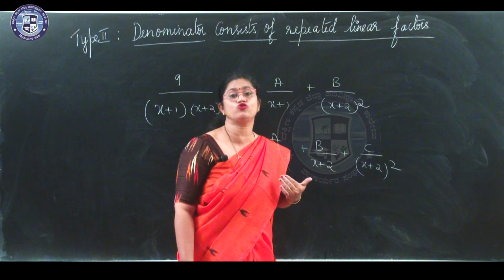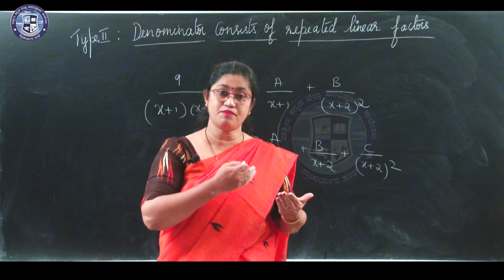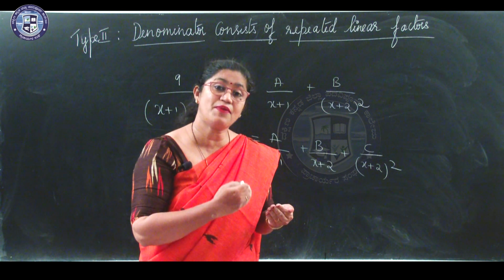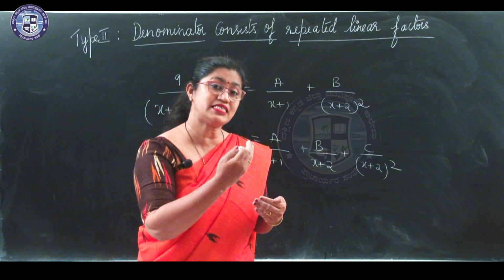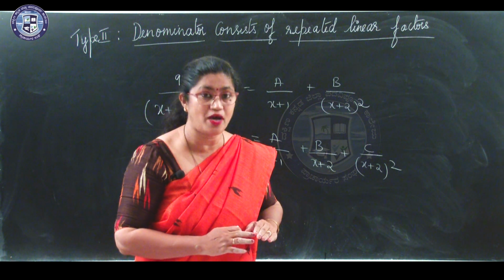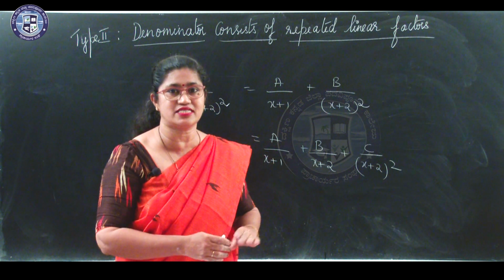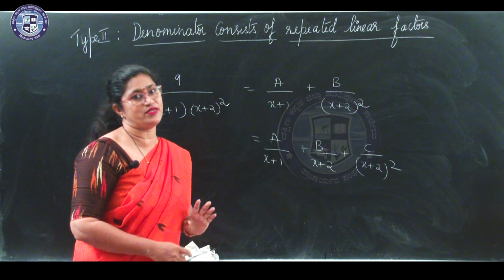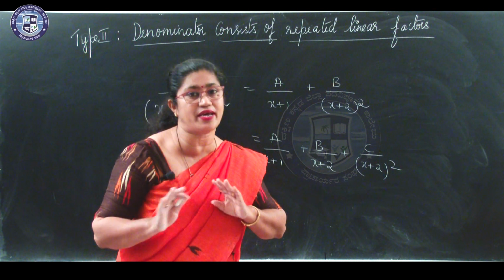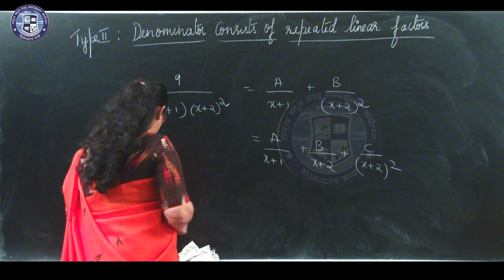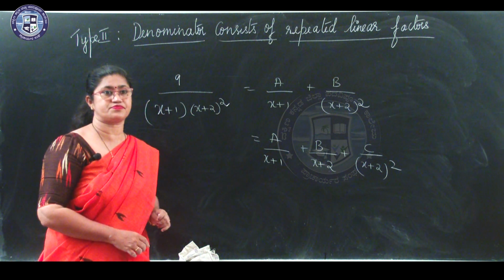Supposing there was (x plus 2) the whole cubed, I would have written b by (x plus 2), c by (x plus 2) the whole square and d by (x plus 2) the whole cube. But do not worry, that is not there in our syllabus. We have only repeated factors with square, and that is all we have. So, please remember this.